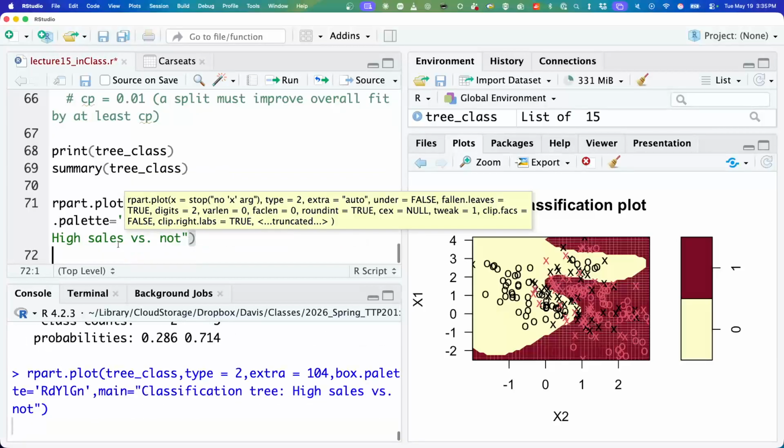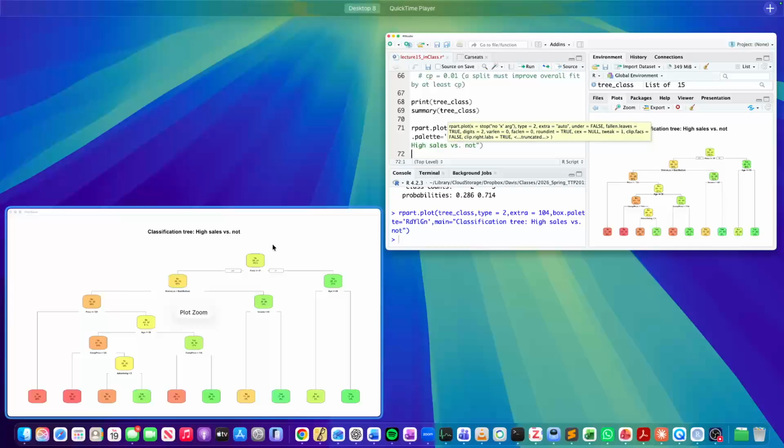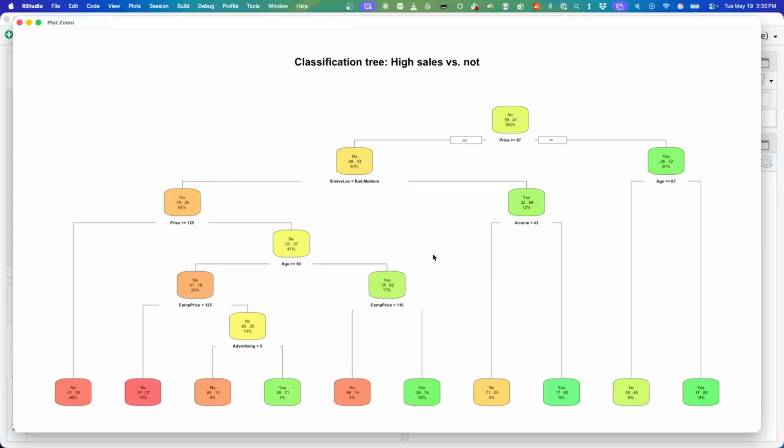Okay, so if I plot this, the text is too small. Okay, well, this is the decision tree that we just ran.